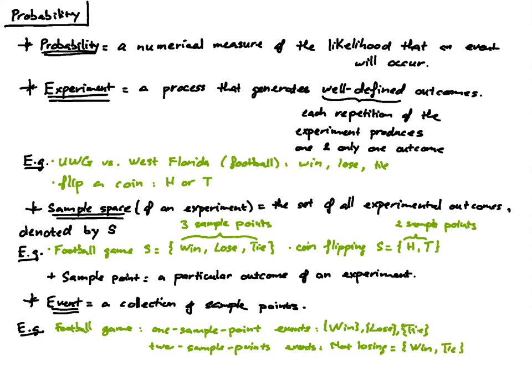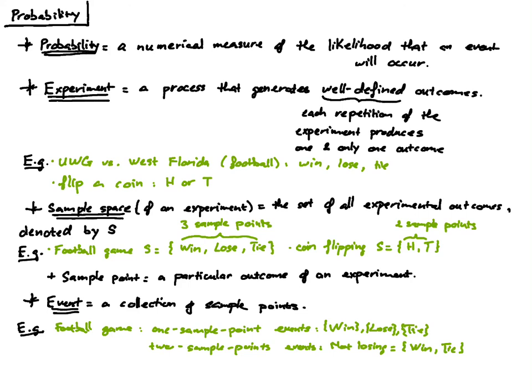And depending on how many sample points you have in the sample space, you can have events that have more than 2 sample points. But the idea I want to get across here is that an event doesn't necessarily contain just one sample point. It can contain more than one sample point.